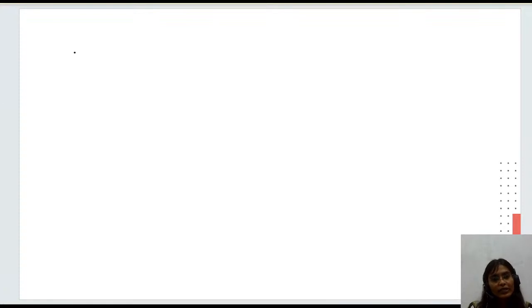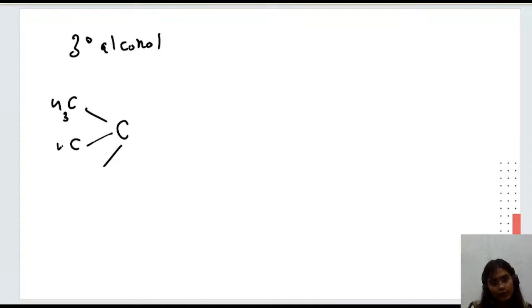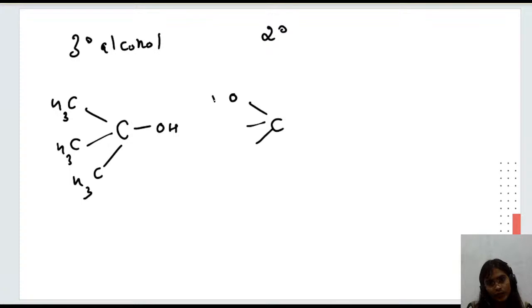So let's suppose I'm having tertiary alcohol, okay? Carbon combined with 3 CH3 groups and a water molecule. Secondary, sorry, like this. It's a CH3 and OH.